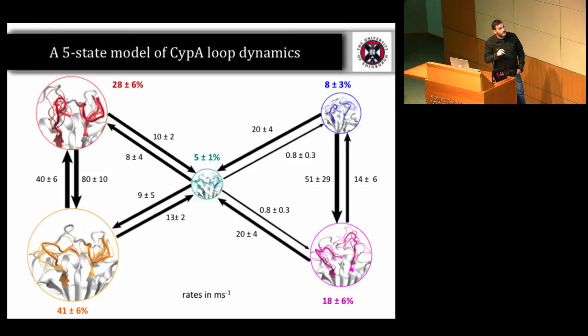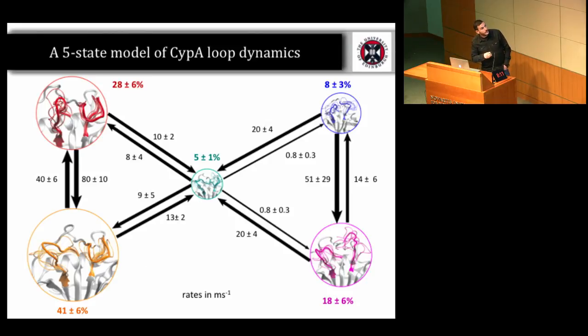On the other hand, from time to time, from the dominant state, which is very close to the X-ray, it will jump to a very lowly populated state where the 70s loop is slightly distorted, but still in place. And from there, it will go to this other state, which looks like a disordered state where the 70s loop is flapping around.